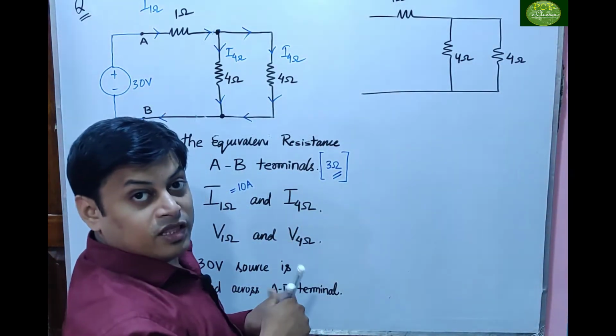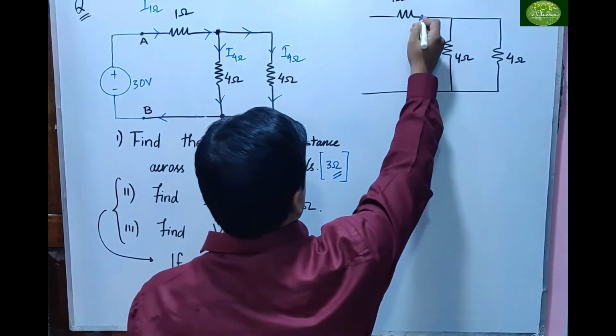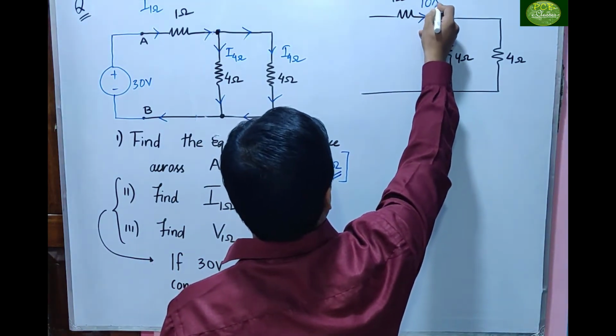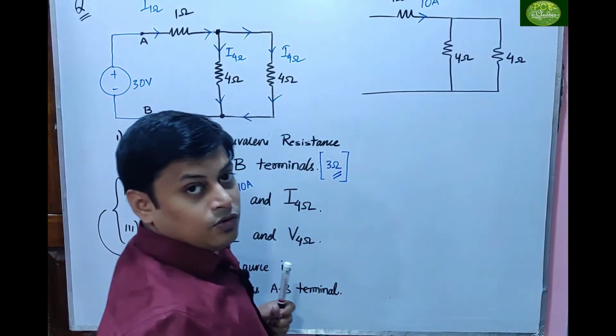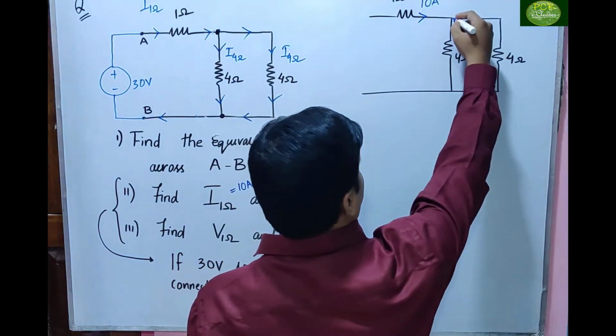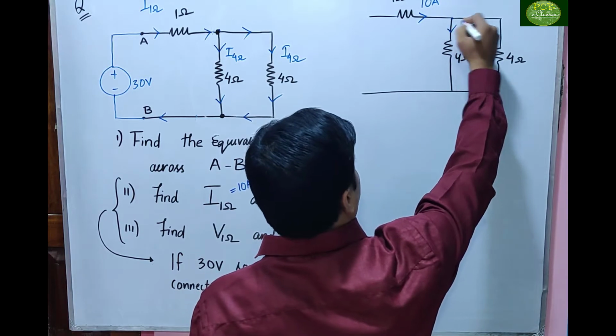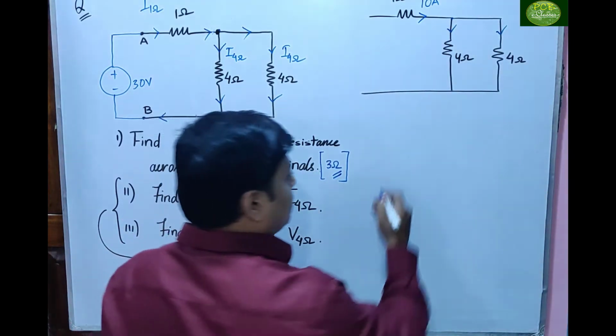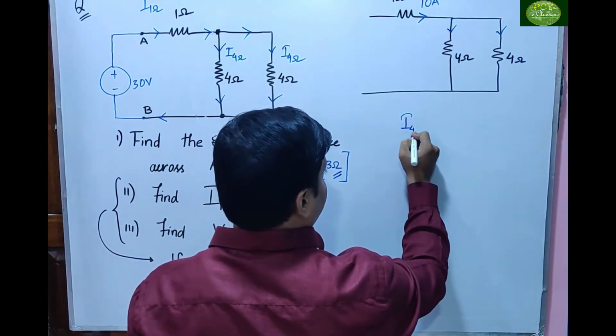What is the current flowing in the 1 ohm? The current flowing in the 1 ohm is 10 ampere. Now we know that 4 ohm and 4 ohm are parallel. So the current will be divided. As per the current division rule, we will find out the I4 ohm. What will be the I4 ohm?